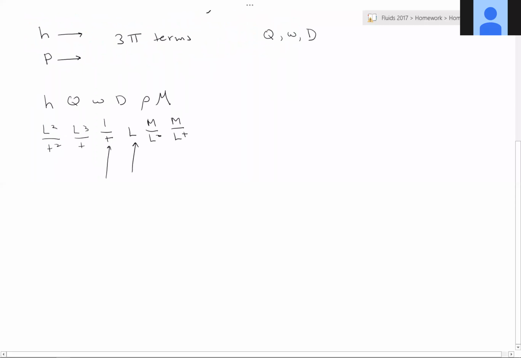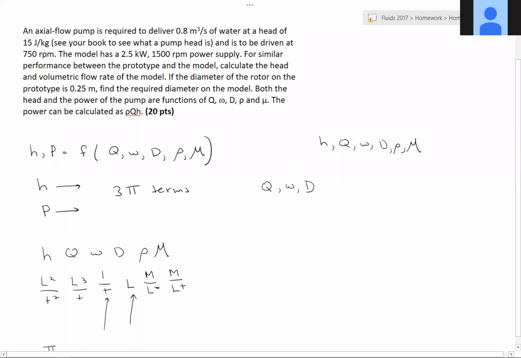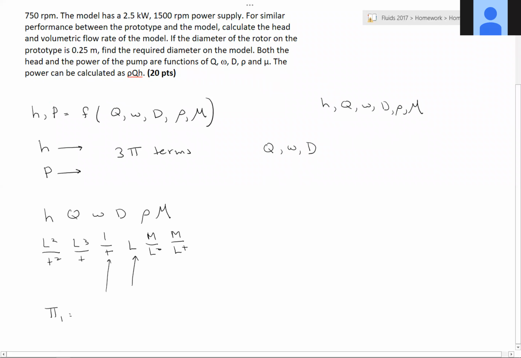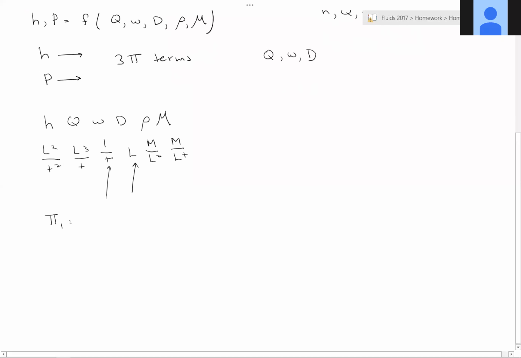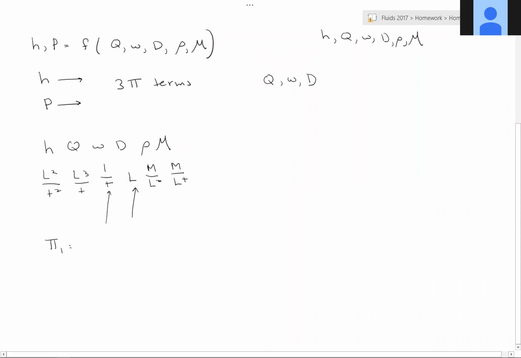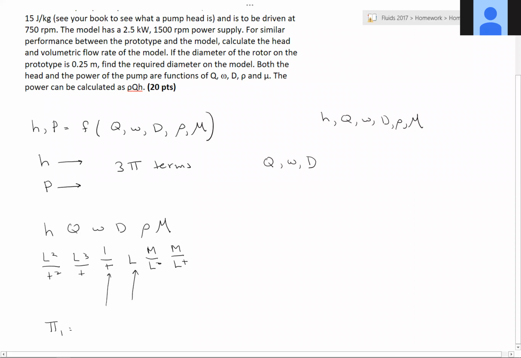So we're going to end up with, excellent question, could you choose Q? If you wanted to, absolutely. But once you do that, now you have an L cubed term over T. What are the units of power?